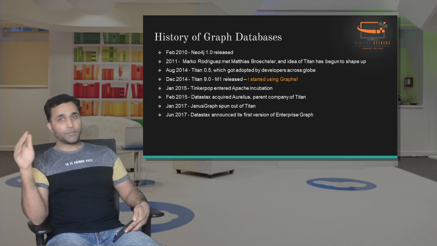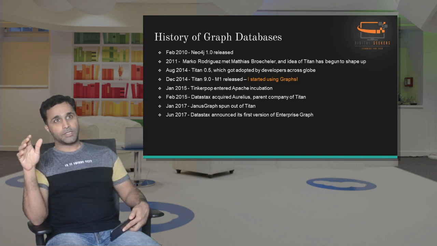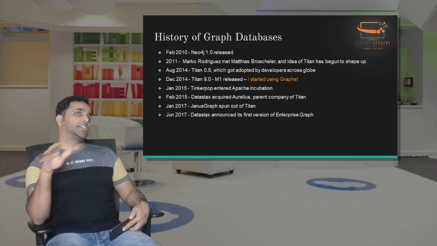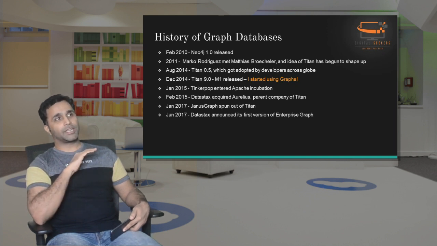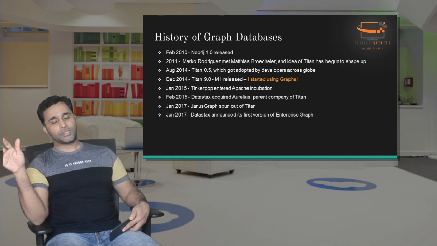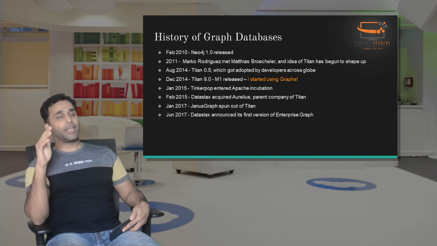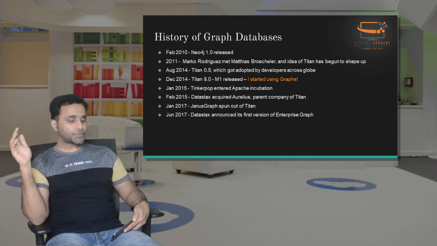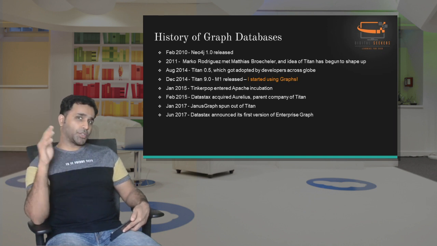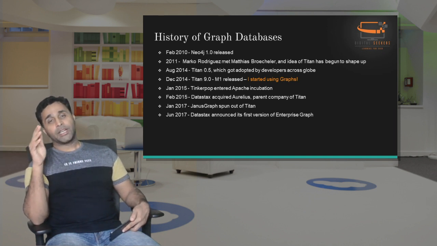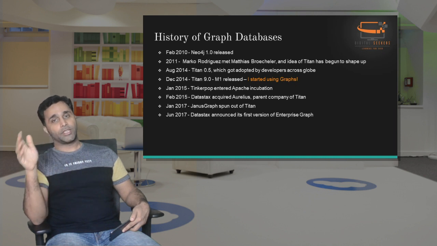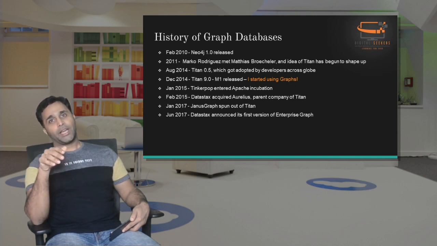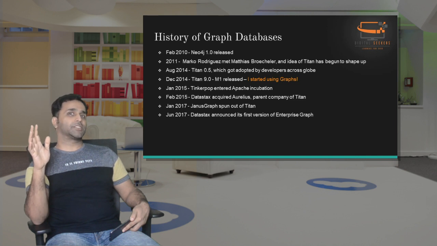In January 2015, Apache TinkerPop, which is a graph standardization effort with the aim of standardizing graph databases across the board, entered Apache incubation. In February 2015, DataStax acquired Aurelius, the parent company of Titan, and the entire community which was using Titan for their graph needs was dismayed.